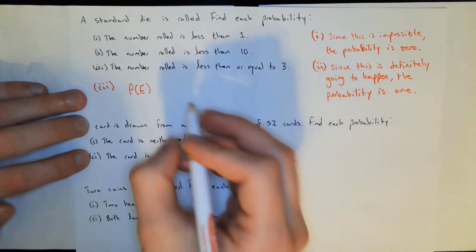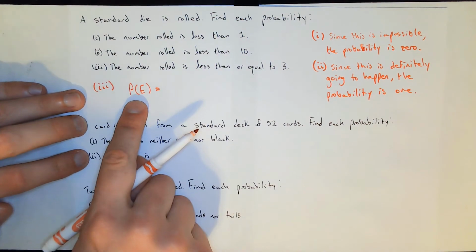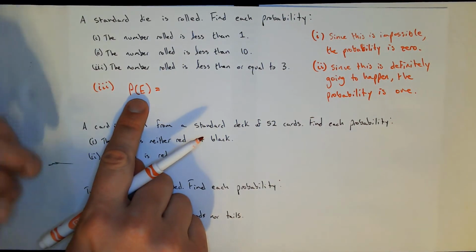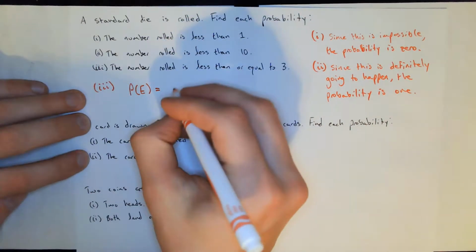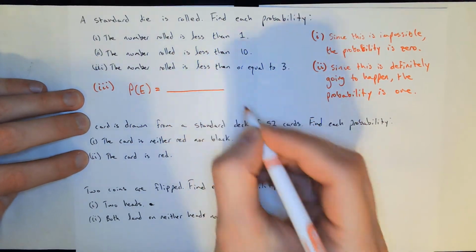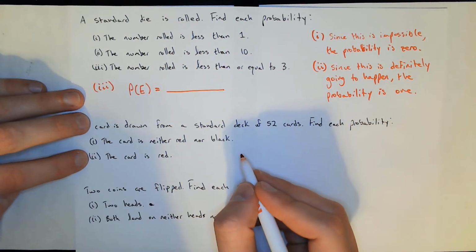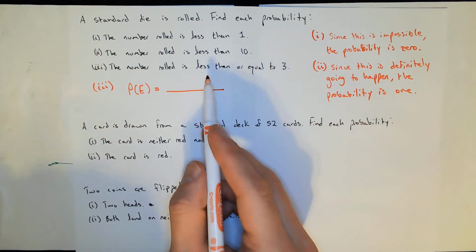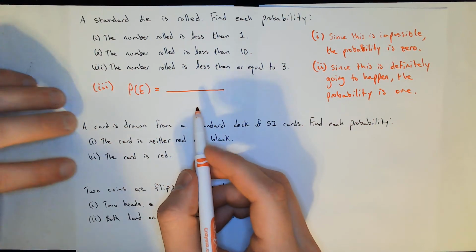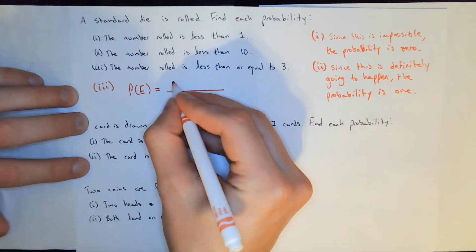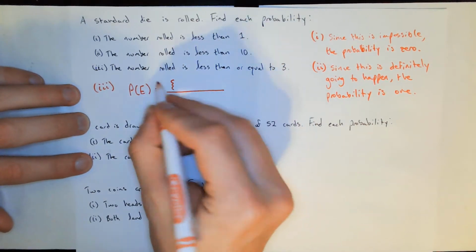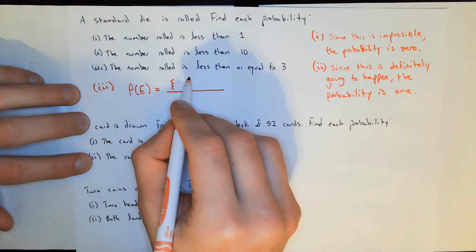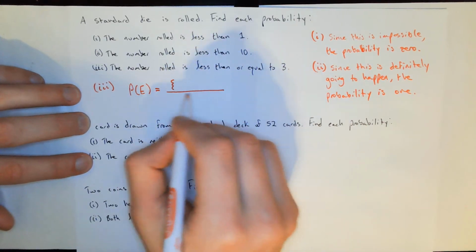But I'm just being lazy and just calling it capital E, generically, for event. Okay, and I'm going to have the size of my event space over the size of my sample space.